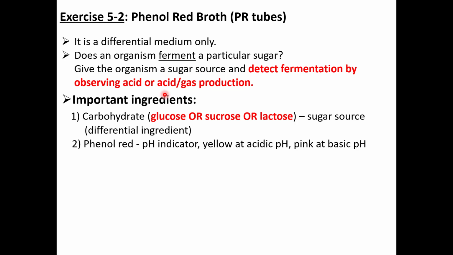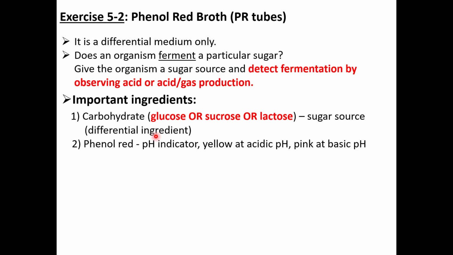Which sugars are we trying to observe fermentation of? It would be glucose, sucrose, and lactose. All those sugars are differential ingredients, because if the microbe is able to ferment one or more of those sugars, we can see a color change.